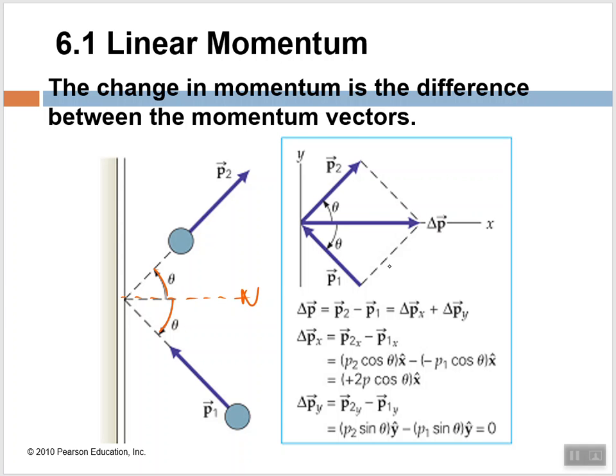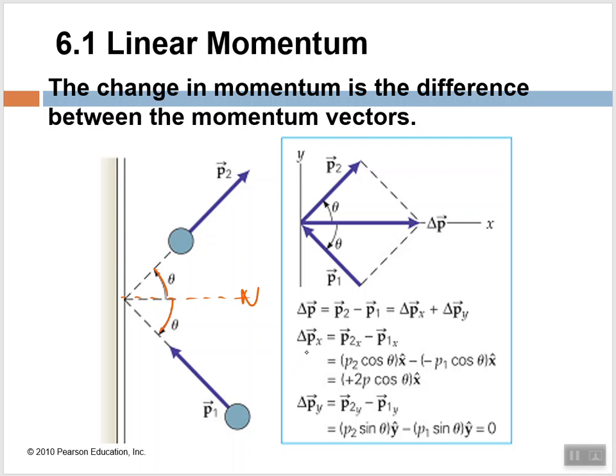When we put these together and start to graph this, we say that the change in momentum is equal to P2 minus P1, which equals the change in the momentum in the x direction plus the change in the momentum in the y direction.